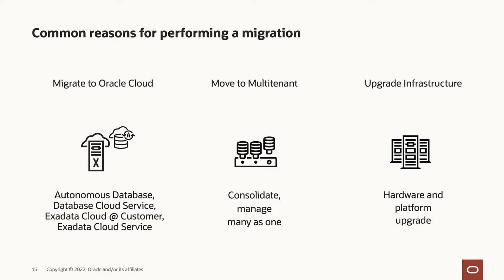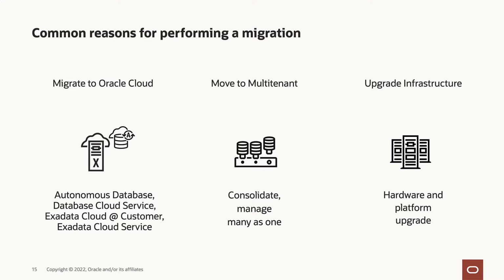Second need is your intent to consolidate single instance databases to pluggable databases. You might have deployed many 11g or 12c standalone or RAC databases across your data center, and your organization wants to see the benefit of multi-tenant architecture such as consolidation or ops automation.